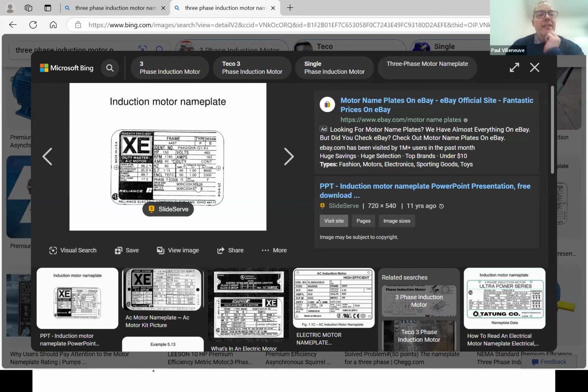where's the frequency here? So this is 1785. So the other one was 1760. So this is an energy efficient one, and it's operating really close to 1800 RPM. Most of the motors today run very close to their synchronous speed because they want the highest level of efficiency.